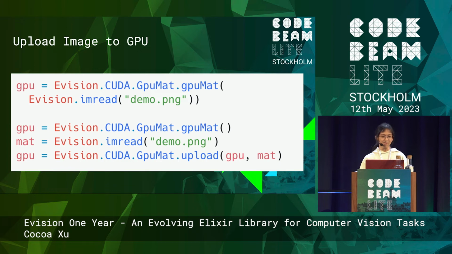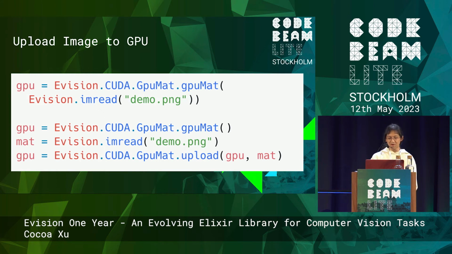So how do we actually do the computation on GPU? The first thing we need to do is upload the image from CPU to GPU. You can do that in 2 ways. You can do it in one single run: read an image and then use that result to initialize this GpuMat.